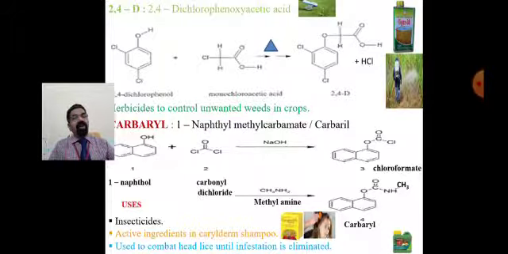Lice means small microorganisms which are found in the head. In Marathi, this is called GOR source. I don't know exactly, it is called lice. So this is the most useful pesticide used nowadays in shampoo.